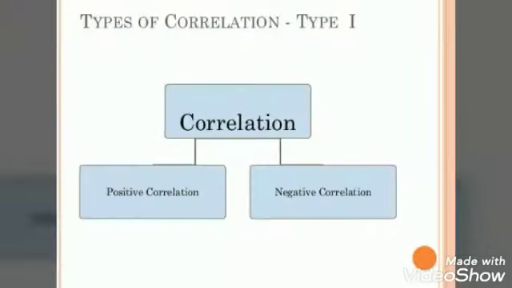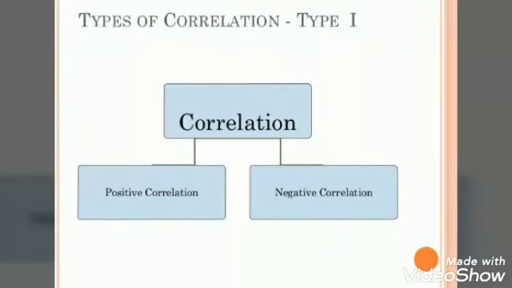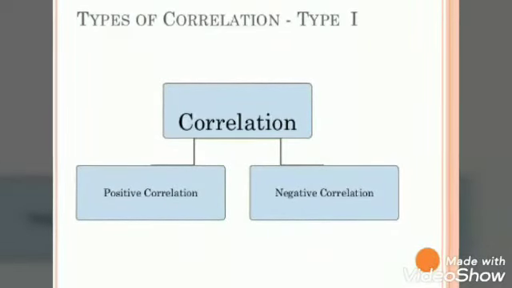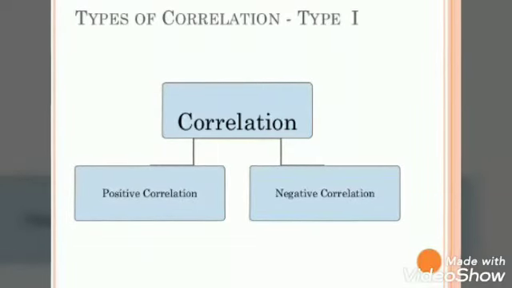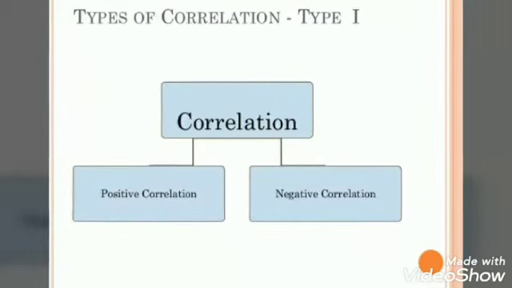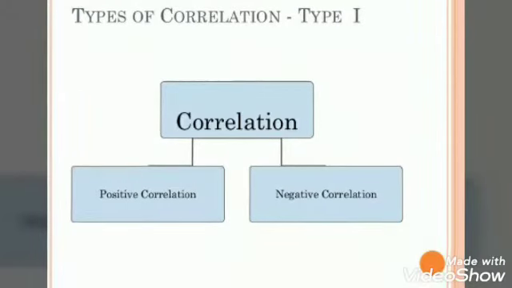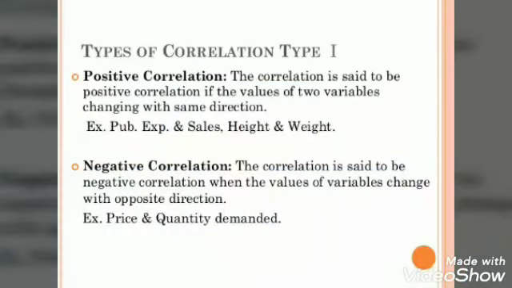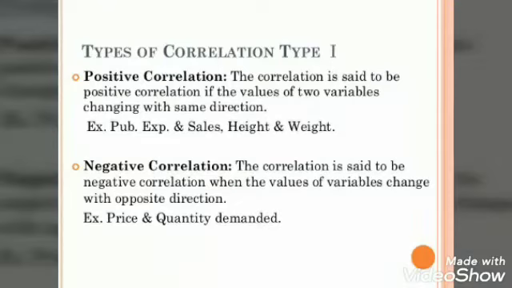Now this correlation may be positive also or negative also. Now when I say positive, it means that two variables move in the same direction, that is, when one increases the other also increases, and when one decreases the other also decreases.